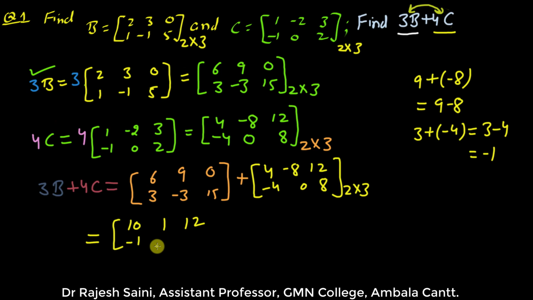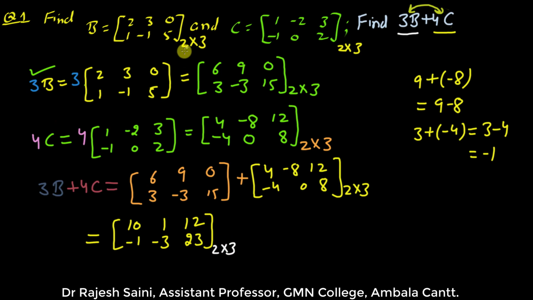Minus 3 plus 0 is minus 3. 15 plus 8 will be 23. So this is of order 2 by 3.